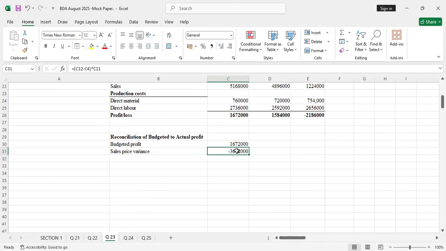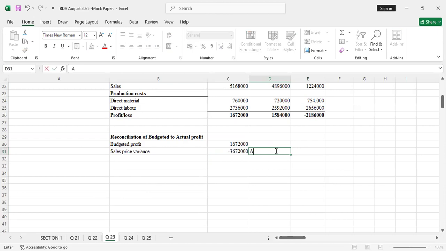It's negative, it's adverse, because we budgeted for 136 per unit, but we are now selling at 34. So the sales price variance was adverse. You can come here and write adverse.